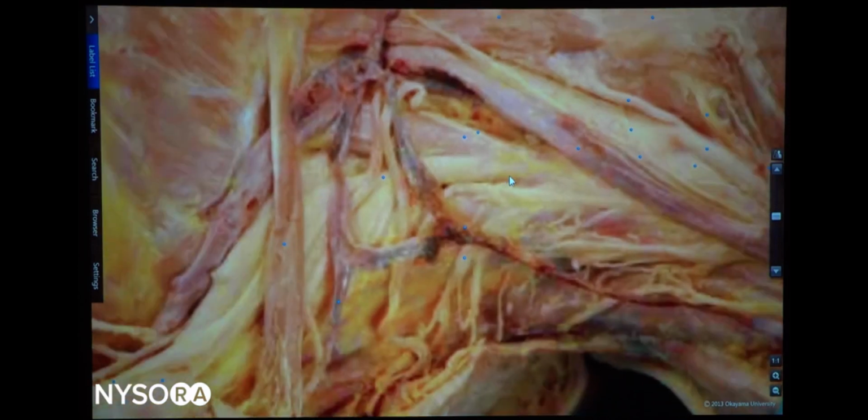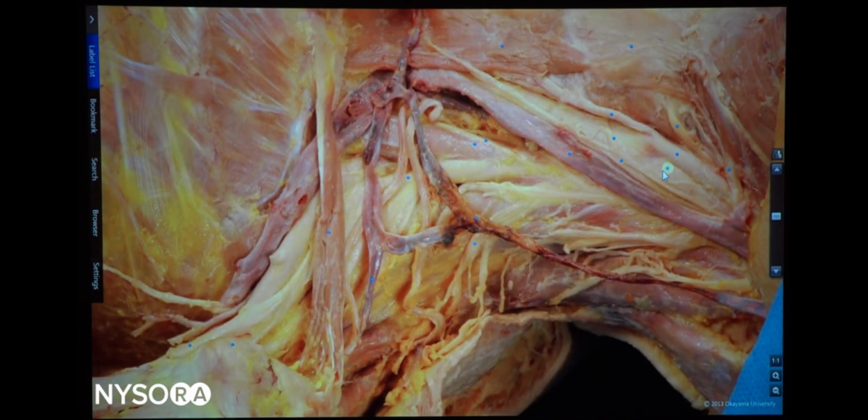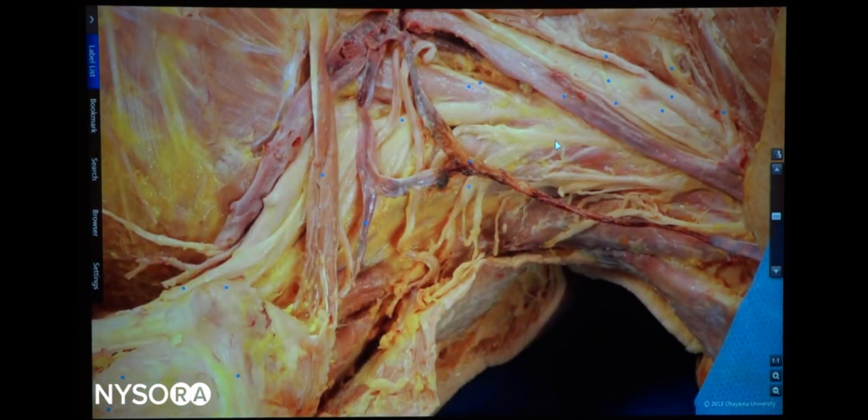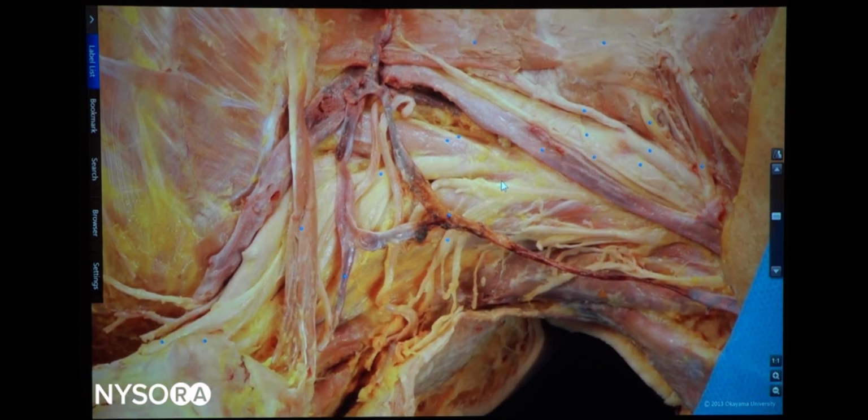Okay, so let's also pay attention to the anatomy in this region. Even though the cervical plexus is very superficial, the anterolateral aspect of the neck has a lot of vital structures that pose a great danger when performing this block if not careful.